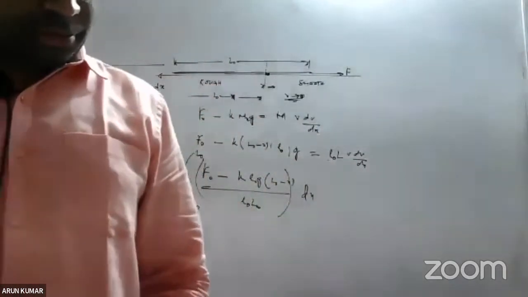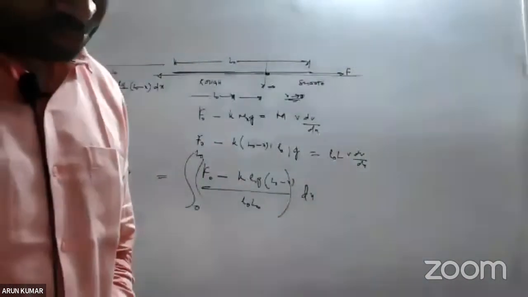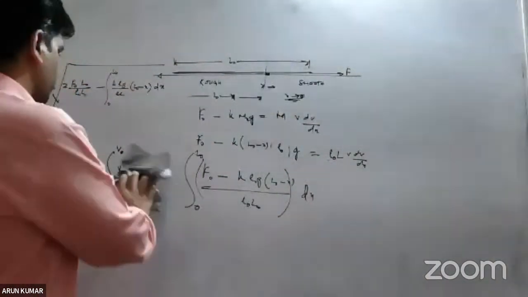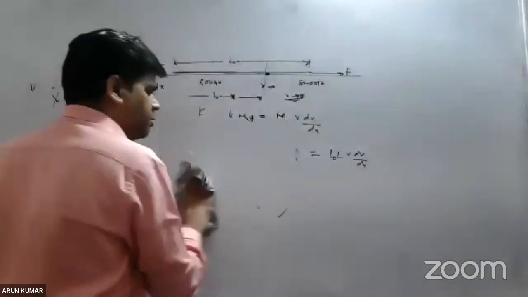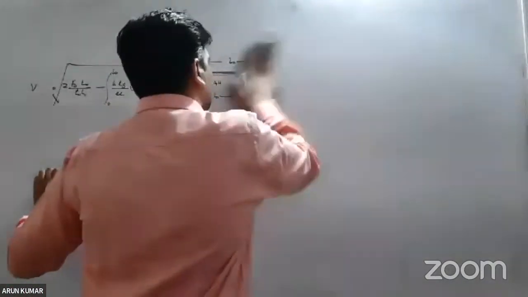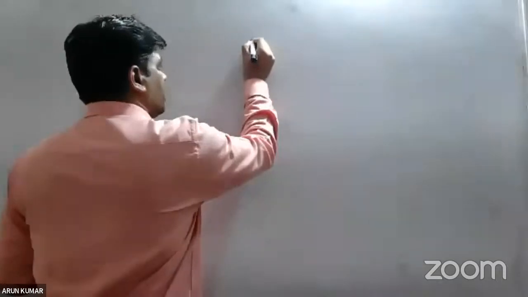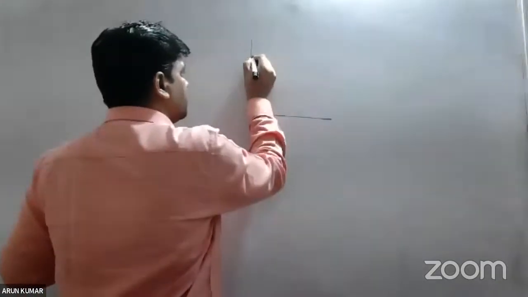Okay, let's go for another one. Mass m, and I've got an L-shaped wedge like this.